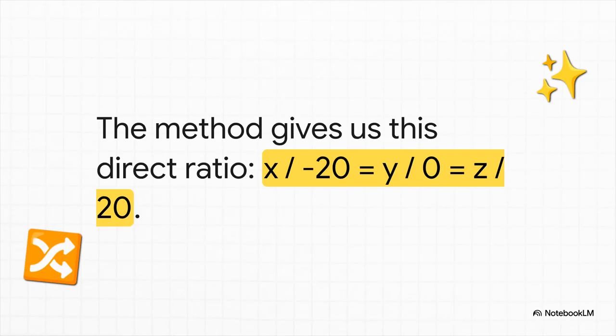Now, when you apply the cross-multiplication method to those numbers, to get the number under x, for example, you kind of cross-multiply the y and z coefficients. 1 times 1 minus 3 times 7, which is -20. You do a similar thing for y and z, and it gives you this perfect ratio that connects all 3 variables. X over -20 equals y over 0 equals z over 20.